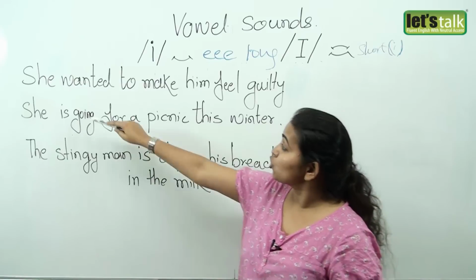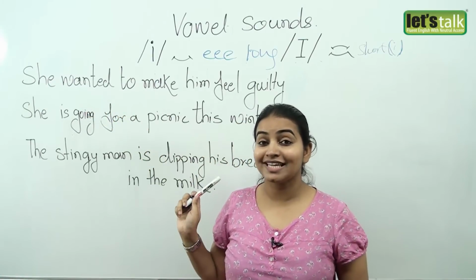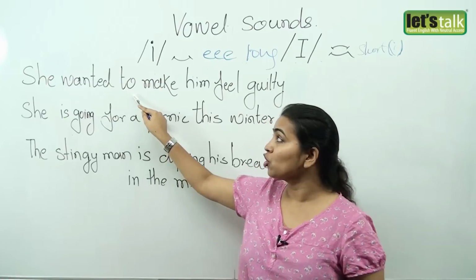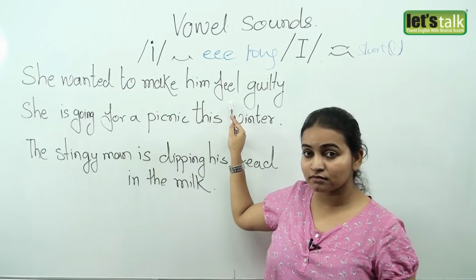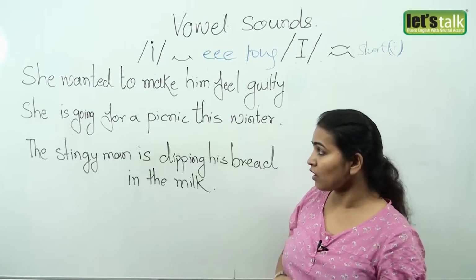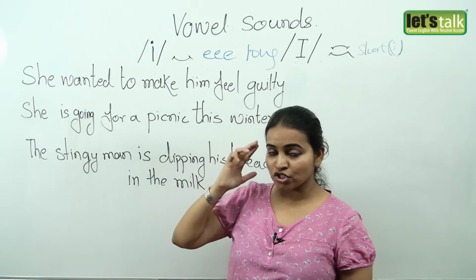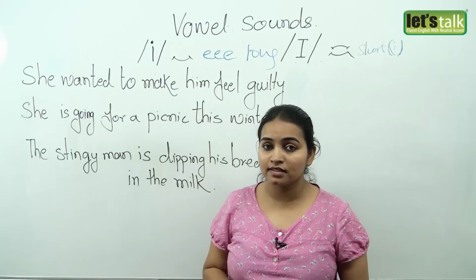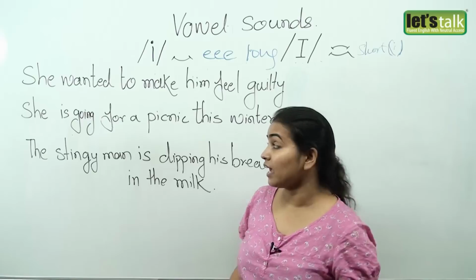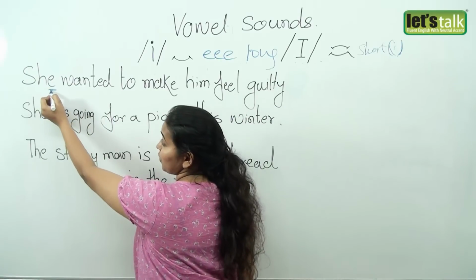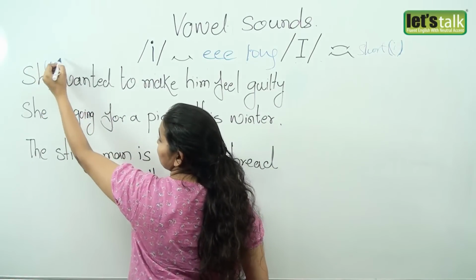First sentence: She wanted to make him feel guilty. I think you need to again watch out for the E sound and the I sound. She. We've already discussed that words ending with the E give you the long E sound.